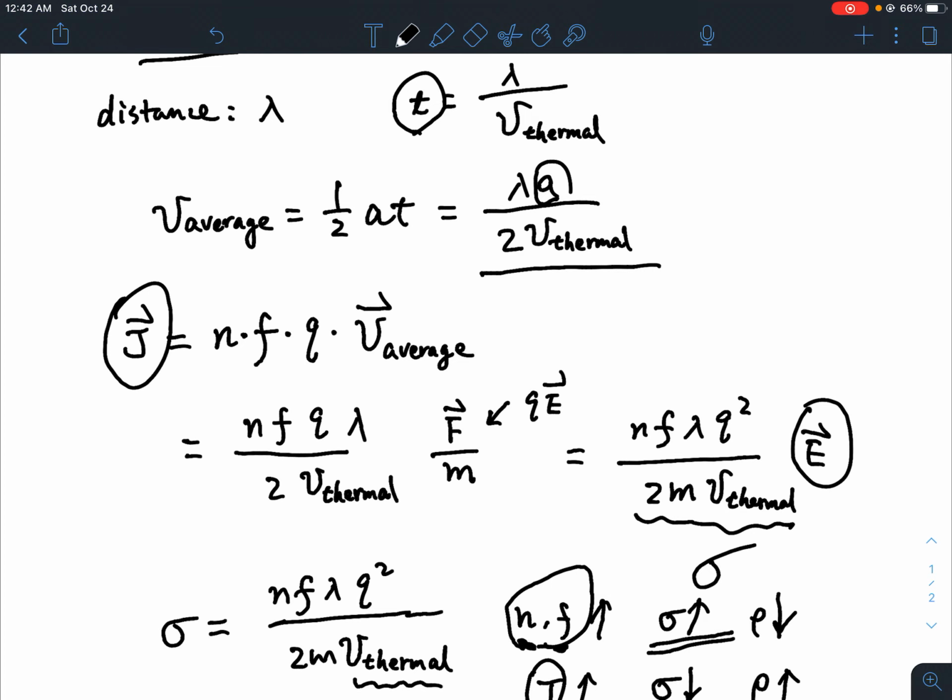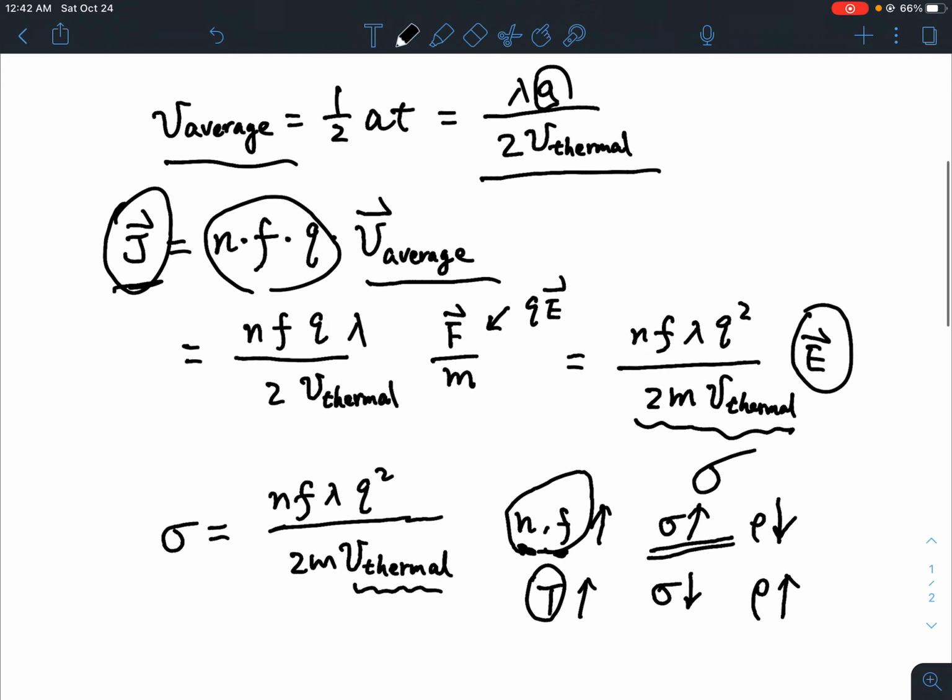As a result, the velocity becomes smaller, and because J is proportional to the average velocity, sigma also becomes smaller, so the resistivity will increase.